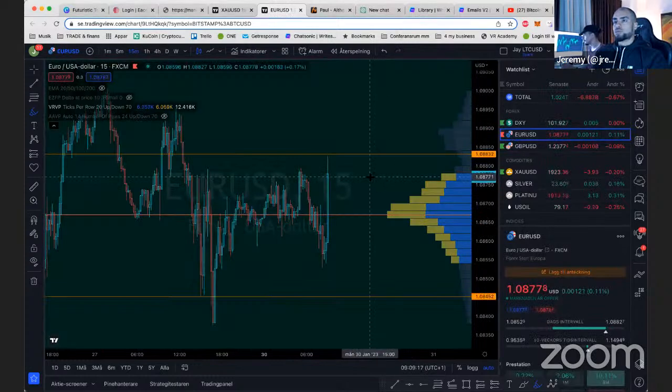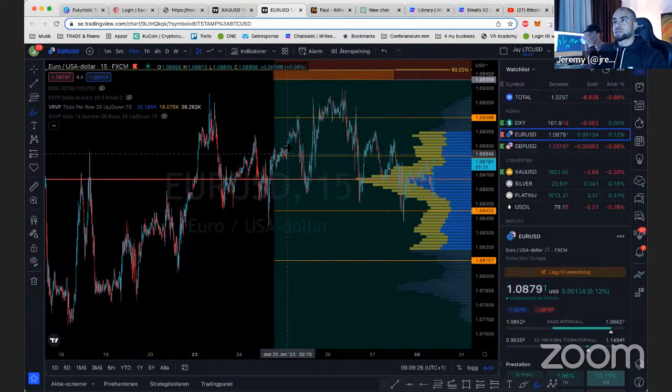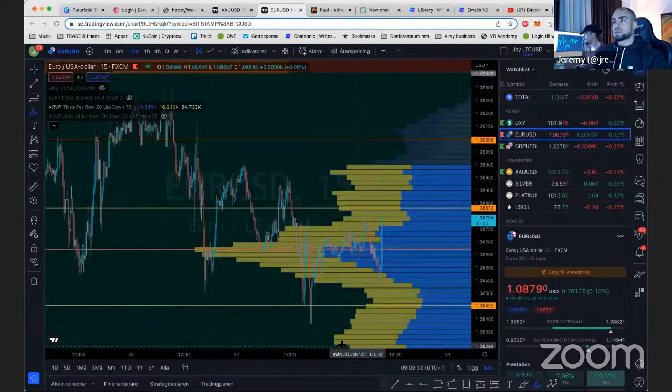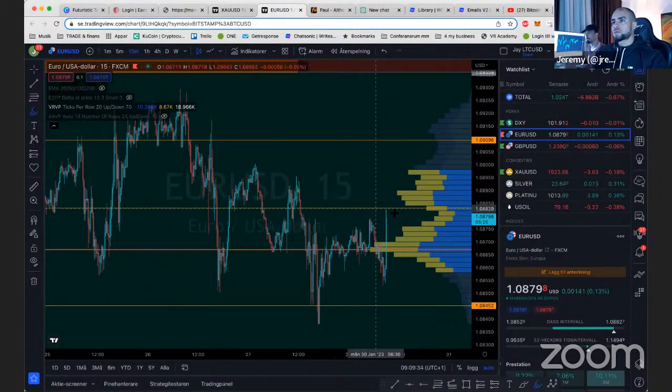GBP, Euro USD, same thing, still stuck in this consolidation box. So what it's trying to do now is trying to break this resistance zone here. And this is a resistance line that I've pulled out here.